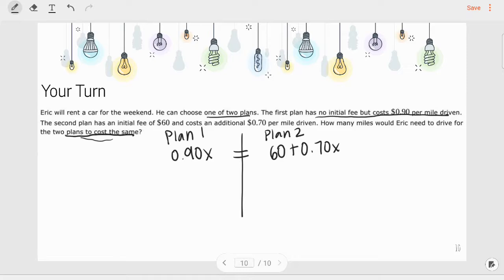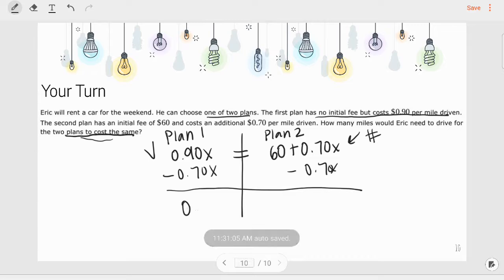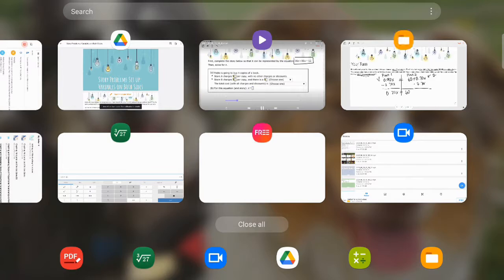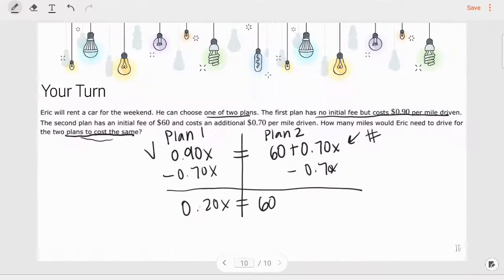Let's go ahead and get started. This is the only side with my regular old number, so this is going to be my number side. This is going to be my variable side. Subtract my variable on the right-hand side. And I am left with 0.20x and 60. I'm going to use my calculator. No, before I do that, I've got to decide what I'm dividing.